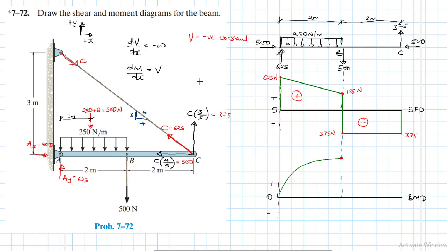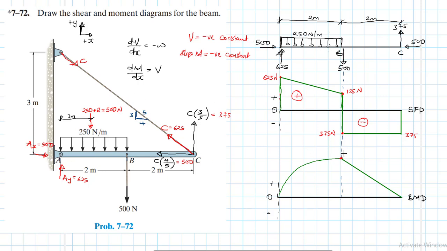It's 375, it's negative. Therefore, the slope of our moment is also going to be negative, and it will have a constant value. All right, see? So that becomes a linear function, right? Therefore, from B to C, we just expect a drop, like so. Great. So this is about it.